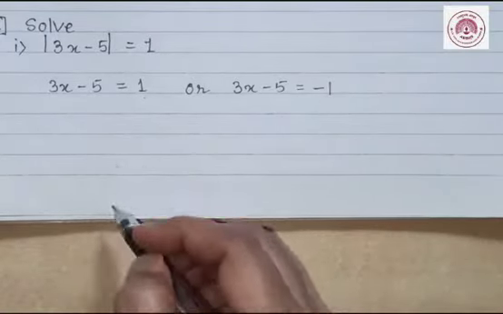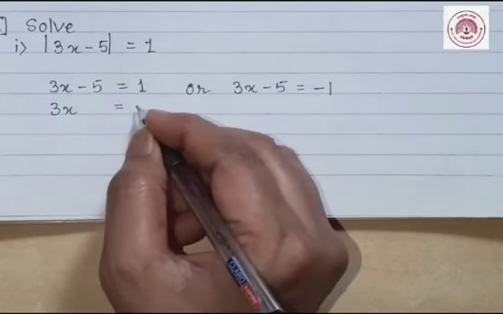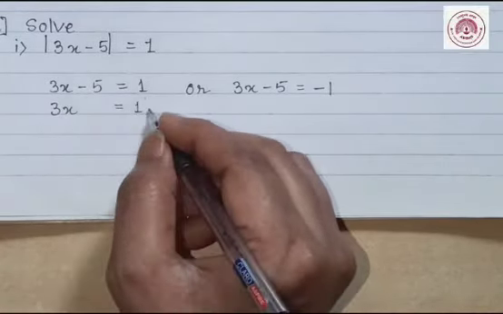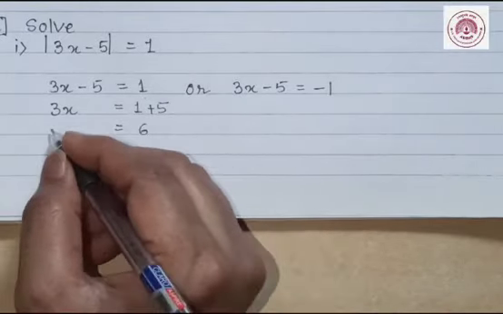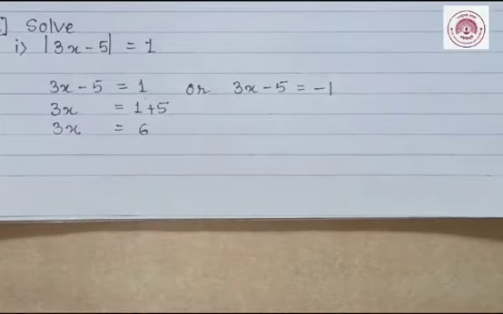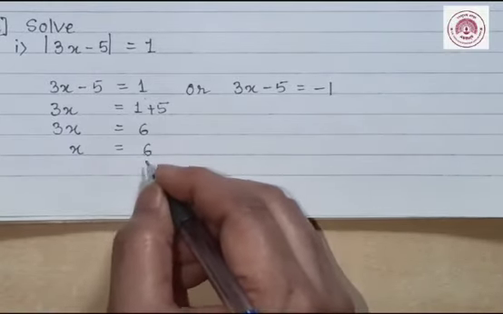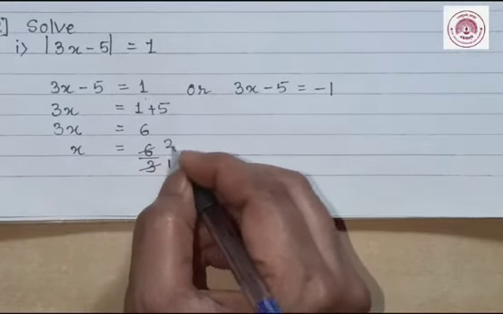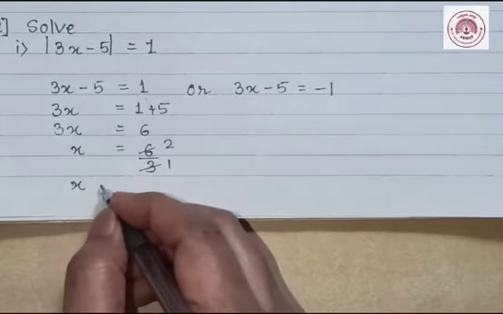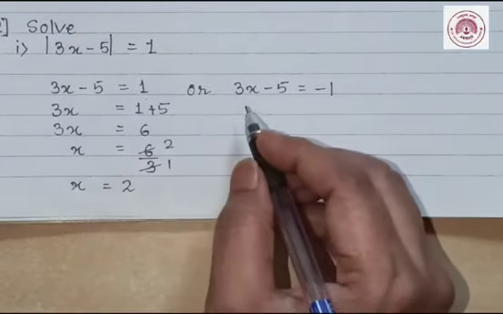Let's solve both. So 3x is equal to 1 plus 5, which is 6. So 3x equals 6 and therefore x equals 6 upon 3. So 3 ones are 3, 3 twos are 6. Therefore x is equal to 2. This is the first value of x.